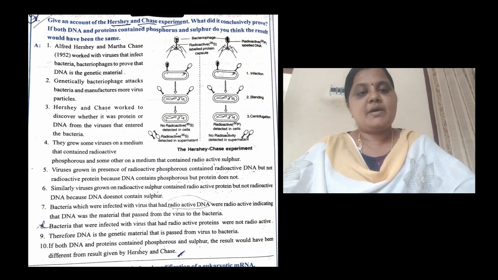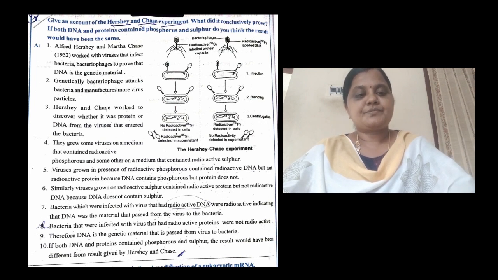Alfred Hershey and Martha Chase in 1952 worked with the virus that infects bacteria, bacteriophages, to prove that DNA is the genetic material. Generally, a bacteriophage attacks bacteria and manufactures more virus particles.